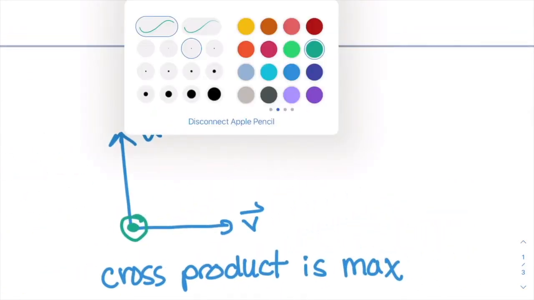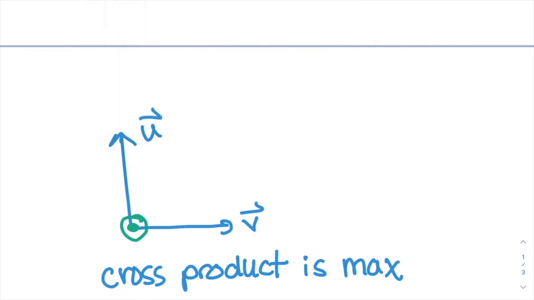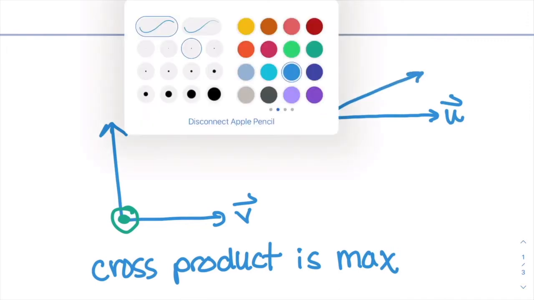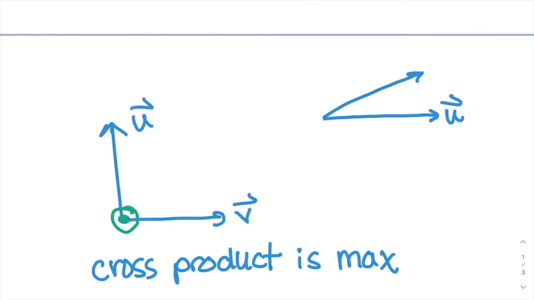If I did just a little perspective drawing, here's U, and here's V. Those are in the same plane. Then the cross product between U and V would be that. So that's U cross V, that vector, where the result is normal to both.